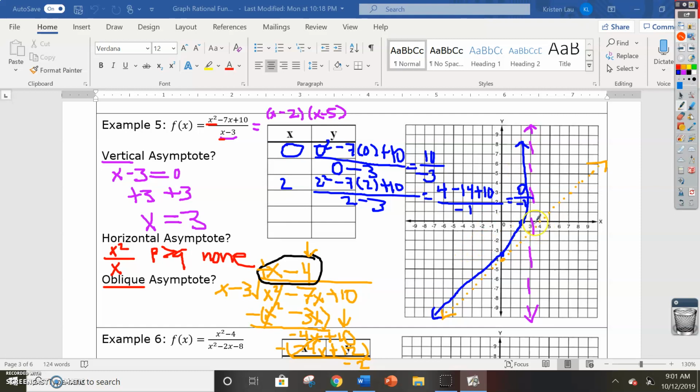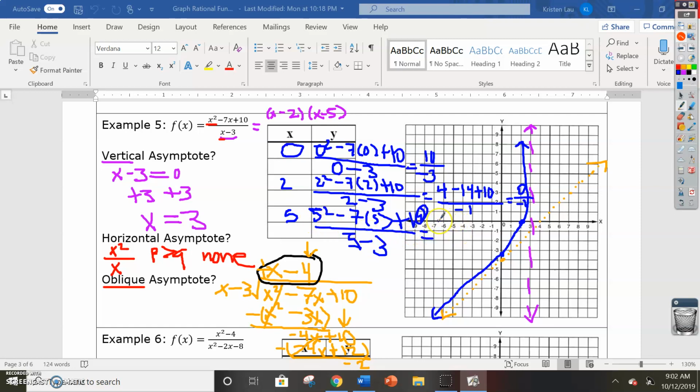Okay, now I'm going to do the same thing. I'm going to take my vertical asymptote, and I'm just going to pick points to the right of it. I'm just going to pick 5. It's just a random number. So I have 5 squared minus 7 times 5 plus 10, over 5 minus 3.